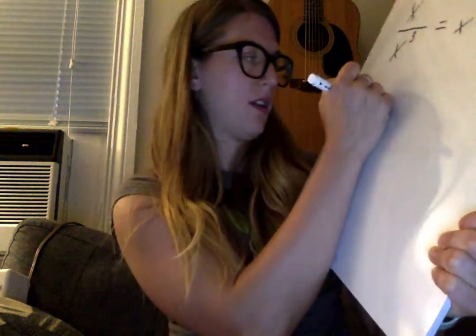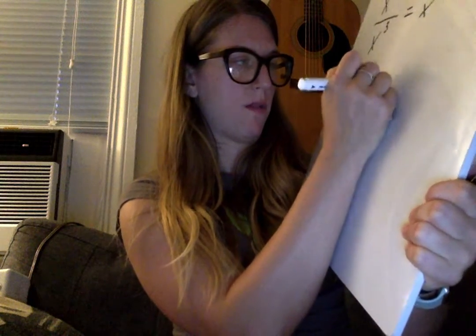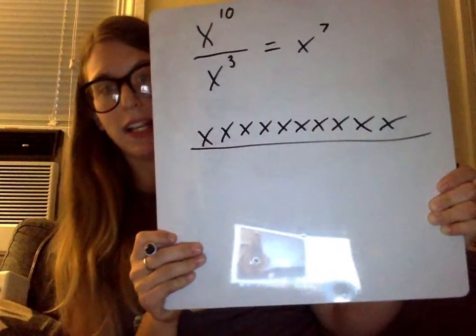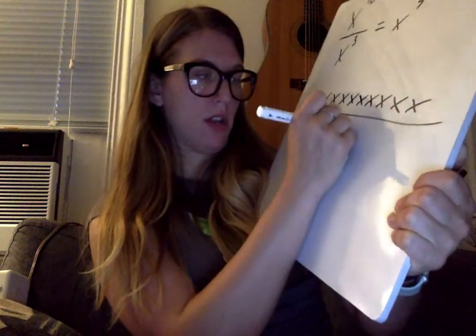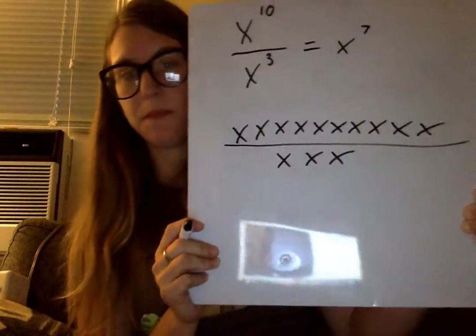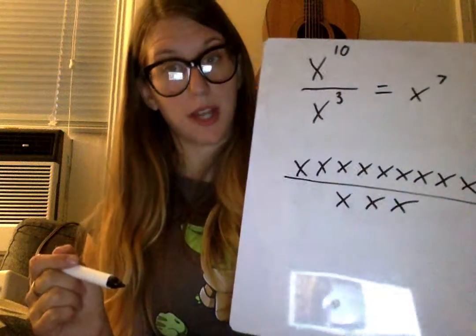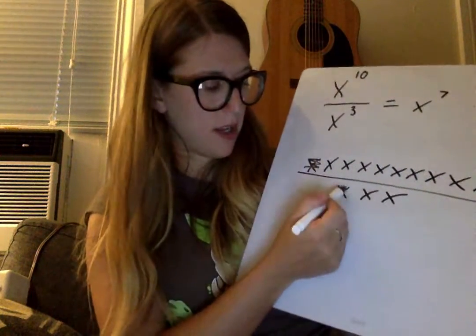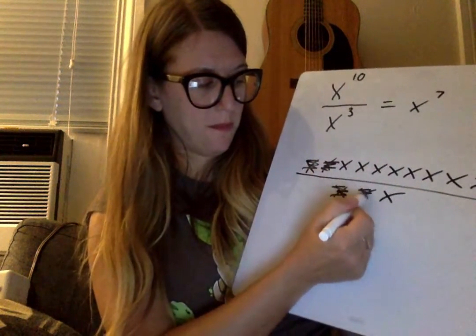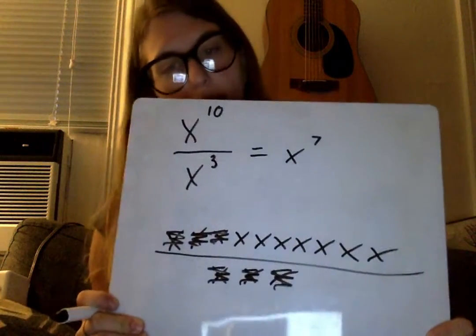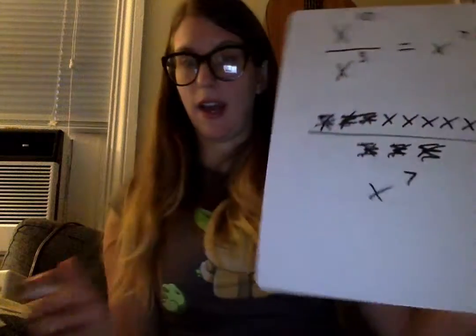So x to the 10th is 1, 2, 3, 4, 5, 6, 7, 8, 9, 10 x's. And then x to the 3rd is 1, 2, 3. And if something is in the numerator and also in the denominator, we can cancel them out. And then we're left with 7 x's, which is x to the 7th.